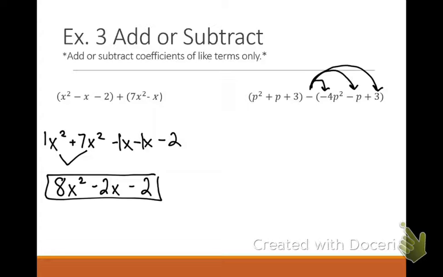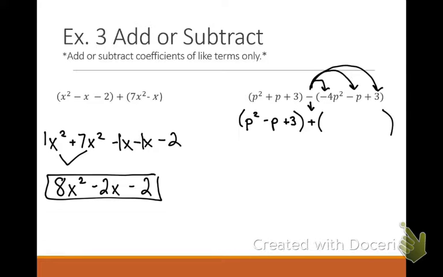You always, guys, have to rewrite these. When you see a subtraction sign, you're going to just rewrite the first one because it does not have a negative in front of it. But now the negative becomes a positive. That's what my rule says. Okay? Change that subtraction sign to a plus sign.